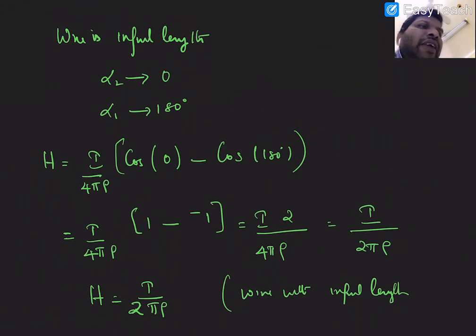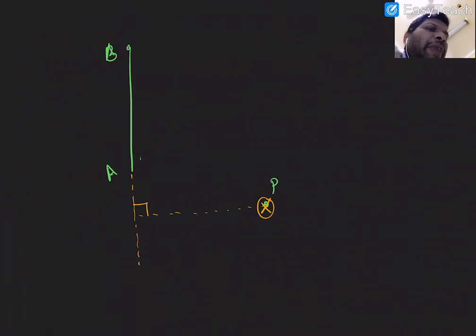And what is the direction? We have seen the direction is a phi, and the direction is not changing anyway. So what is a phi? If the wire is like this, from A to B, and you want to find the magnetic field at this point P, you have to extend the wire and find the perpendicular distance to the wire after extension.